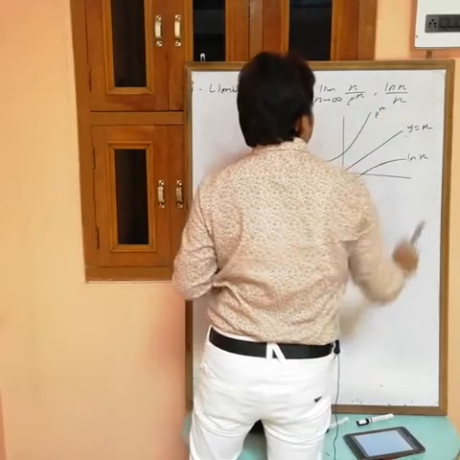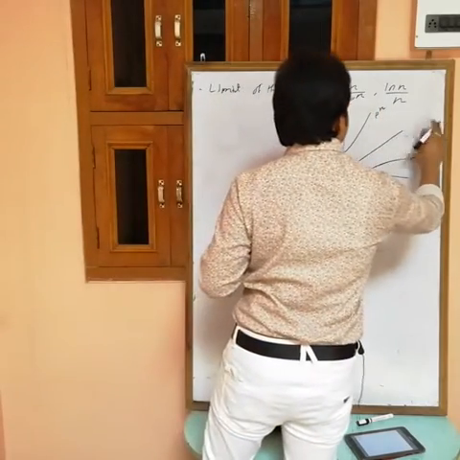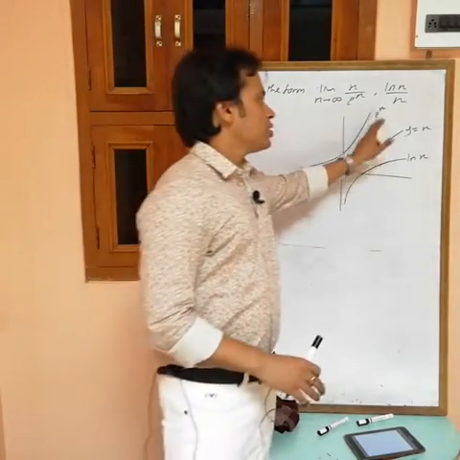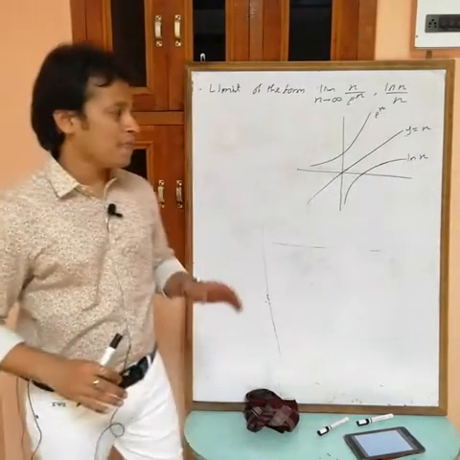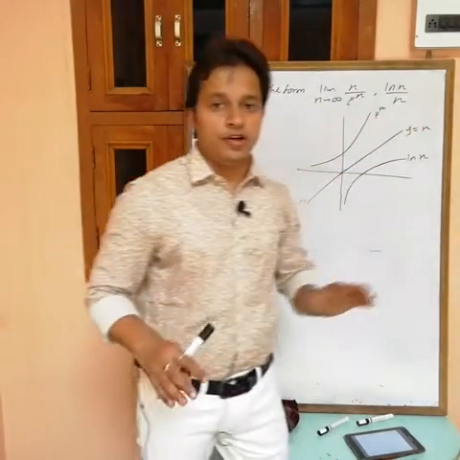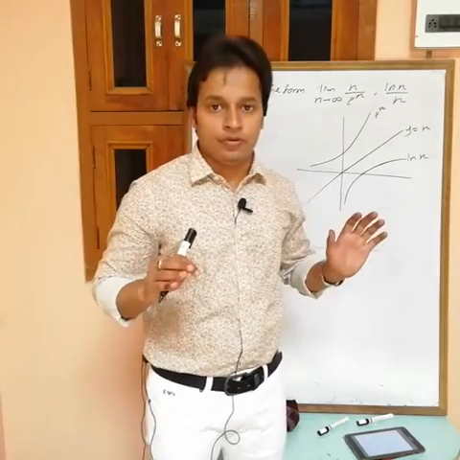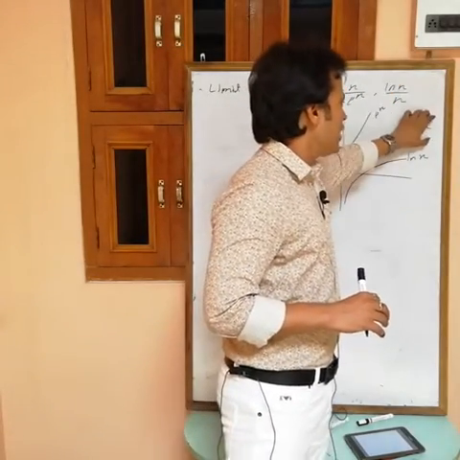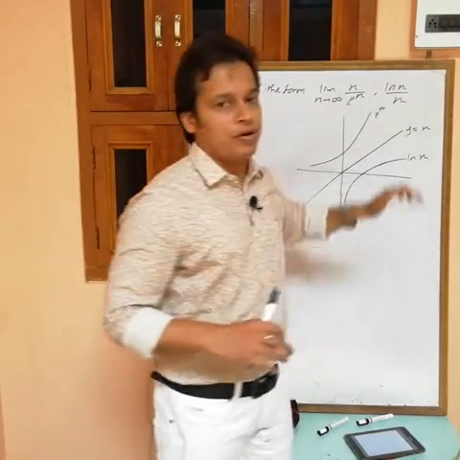And this is e power x. Y equals to x, e power x and ln x. If you move up to infinity, all will be infinity, but they are comparable. Okay, this ln x is much lower than x and this is much lower than e power x.